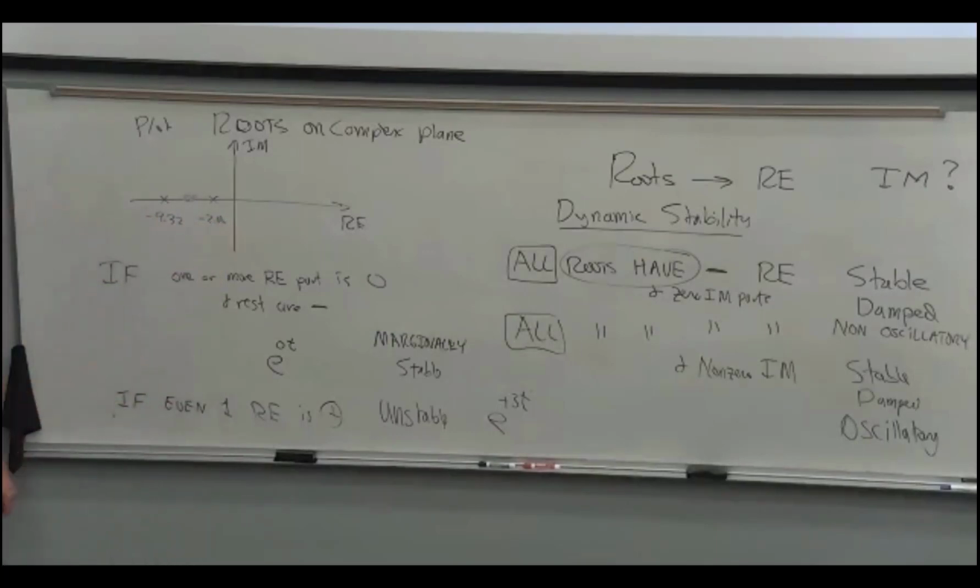Those are the 2 roots we got when we had the damping of 12. Look at them. They're both on the left side, so it's stable. And they're both on the real axis, no imaginary parts, so it's non-oscillatory. See how easy that is? So really, this is the best way.